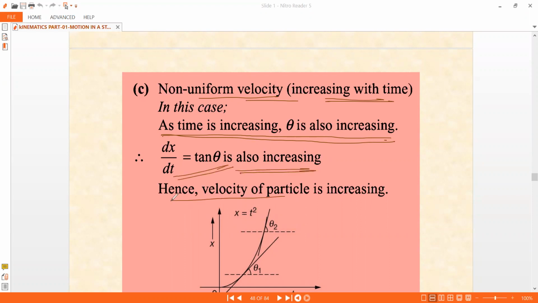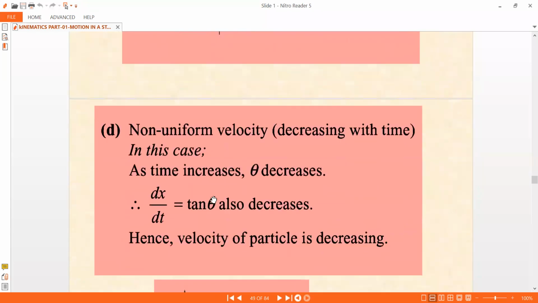So hence the velocity of the particle is increasing. So x equal to t square, it's a parabolic variation. So it is undergoing positive acceleration. At every point you check it, you see that theta 2 is greater than theta 1. So with time the angle keeps on increasing, and that's the case of positive acceleration. That is the crux of this particular thing.